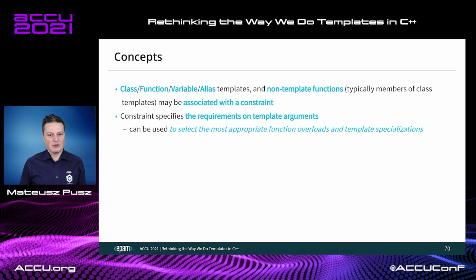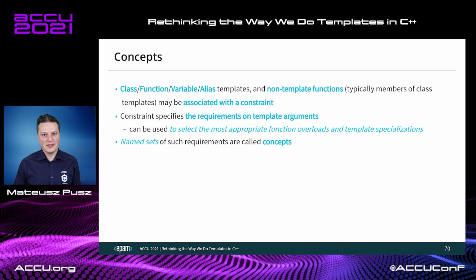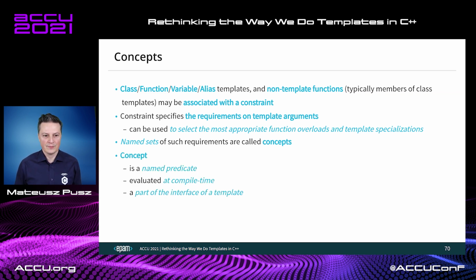Constraints basically specify the requirements on template arguments and can be used to select the most appropriate function overloads and template specializations. And when we name a set of such constraints, we end up with a concept. So a concept is a named predicate that works at compile time, and it's a part of the interface of a template. So it's provided in any documentation generated from our code, or cppreference.com, or the standard itself.